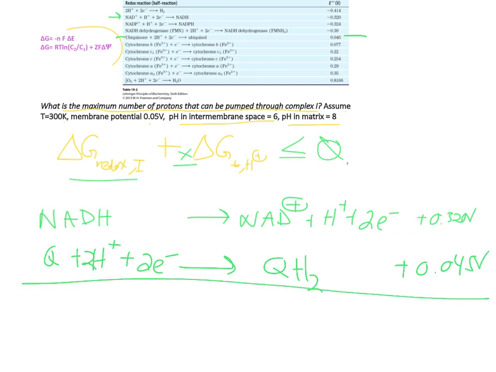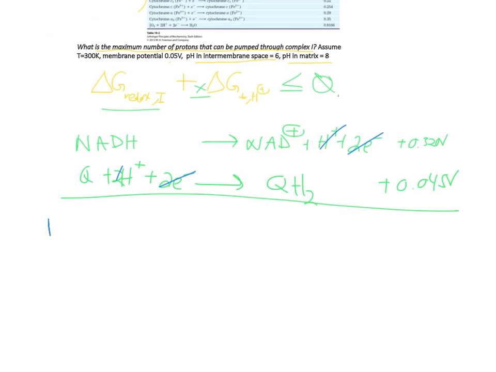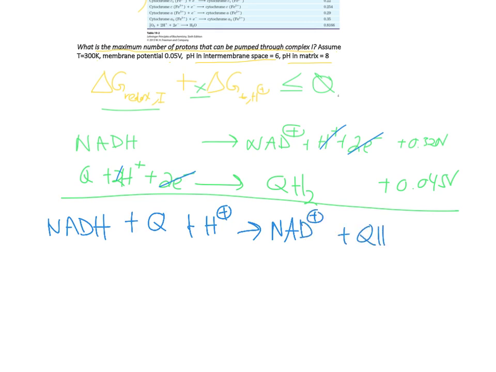And then I add the half reactions together. Before I do that, I make sure that I cancel anything out that's the same on both sides. Goodbye, goodbye, not you, not you. And then I add them together and get NADH plus Q plus a proton goes to NAD+ plus QH2.